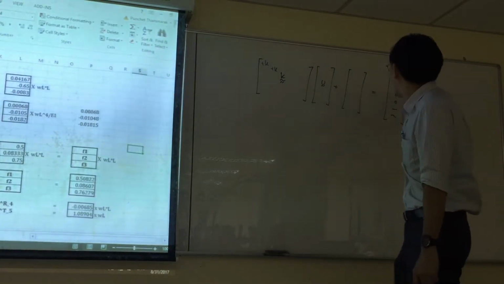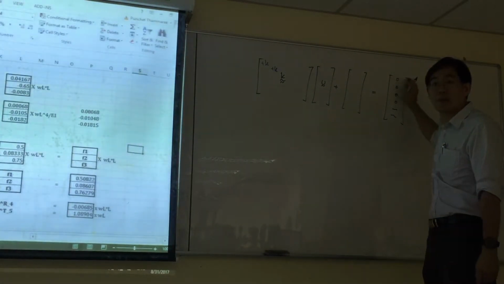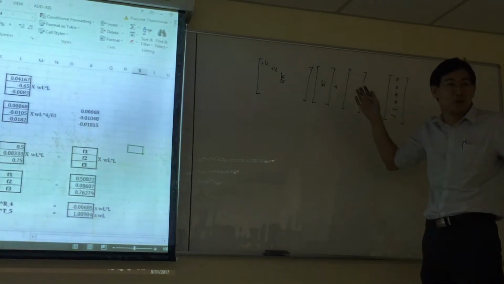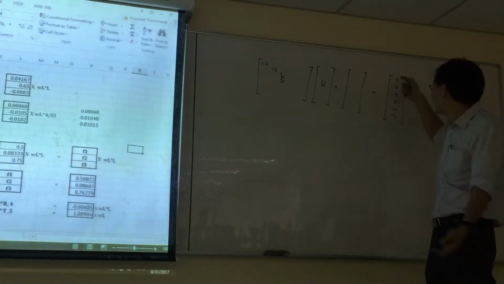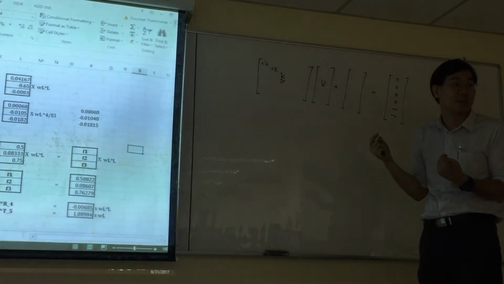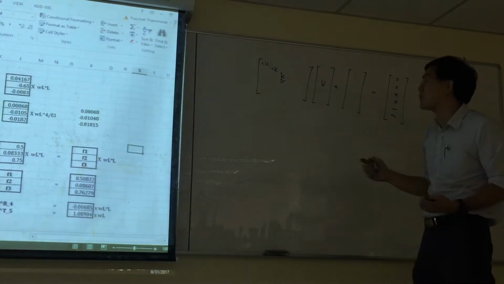Once you have 0 here on the right hand side, would that bother you? It's not going to bother you because you still have only known values on the right hand side. Okay, life is beautiful.